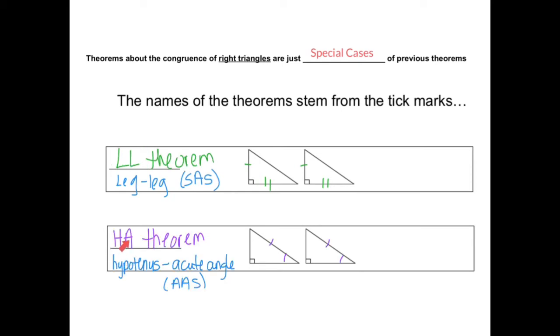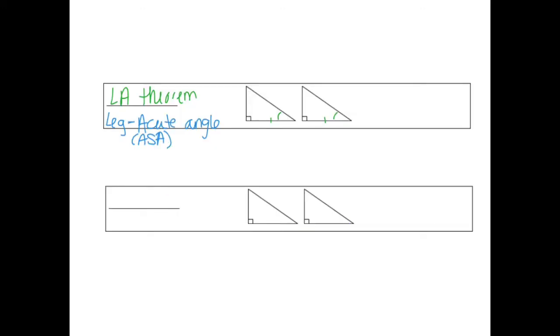Second would be the HA theorem, which stands for the hypotenuse and one of the acute angles. So we need more than just that right angle, so that's why it focuses on the acute angle. If you have the hypotenuse and one of the acute angles congruent, that's all you need to say that the two right triangles are congruent. Third is the LA theorem. This is the leg-angle, but focusing again on the acute angle, it can't be that right angle.